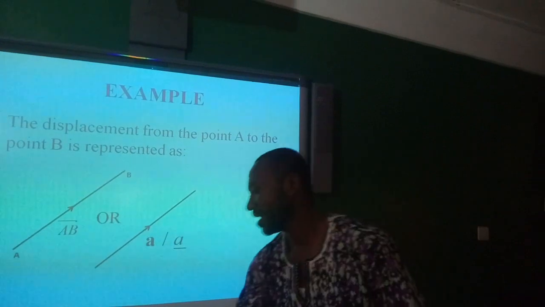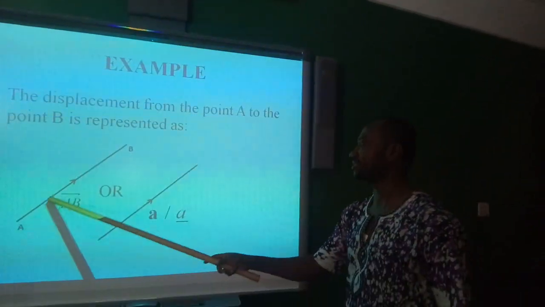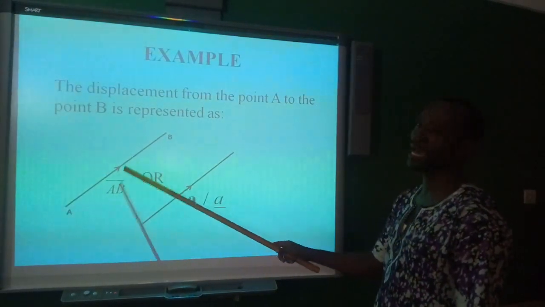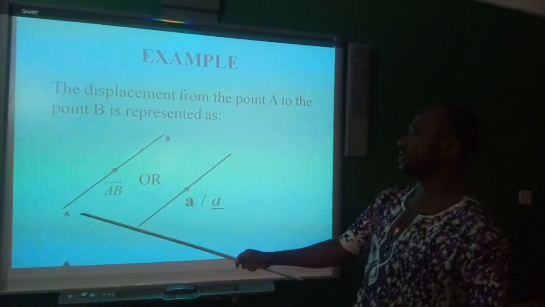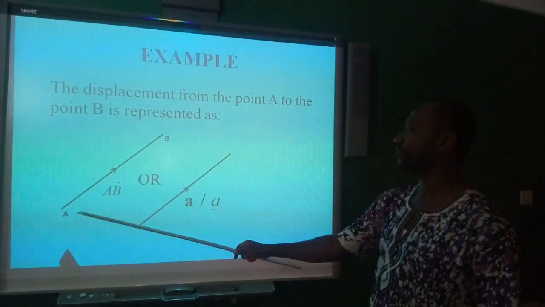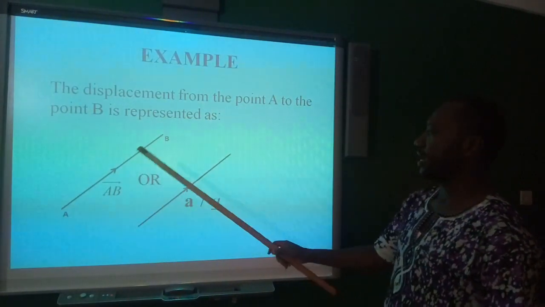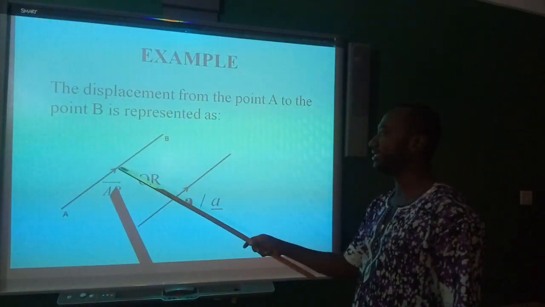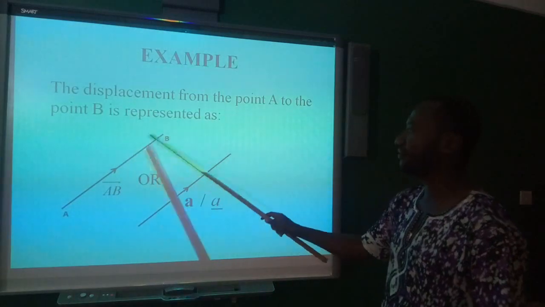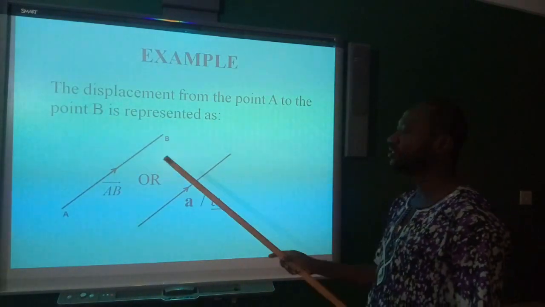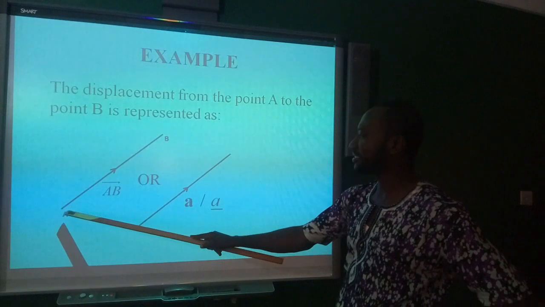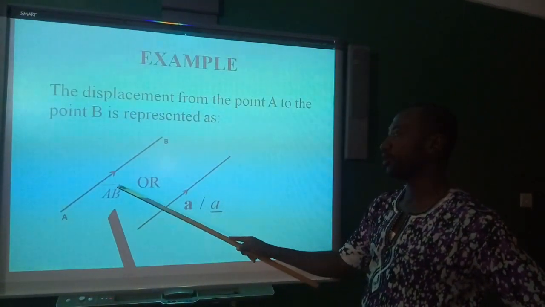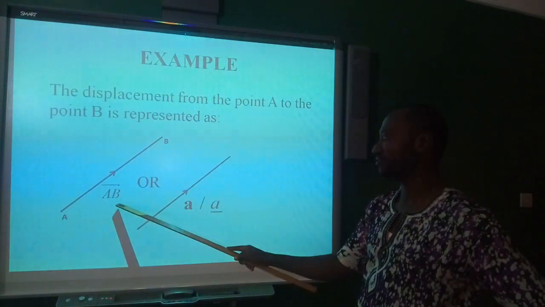You have a straight line starting from A to B, with an arrow indicating that there is a vector AB starting from A and going to B. The length of this line represents the magnitude of the vector, and the arrow indicates the direction of the vector. You start from A and end at B, so you write AB and put an arrow on top to indicate the direction of the vector.